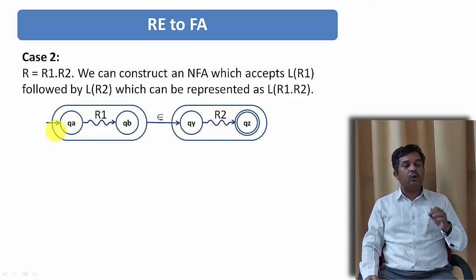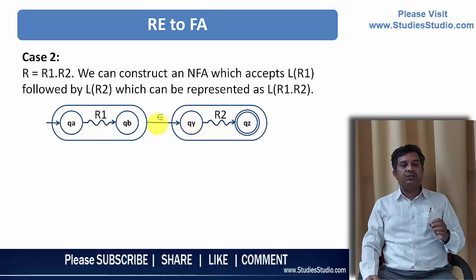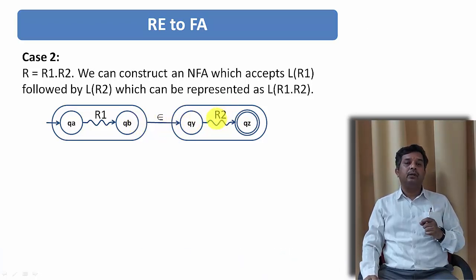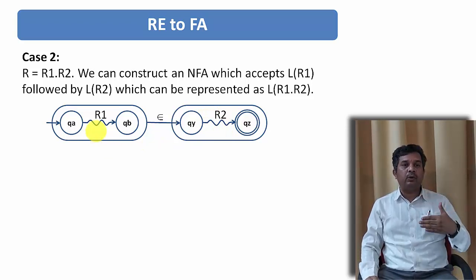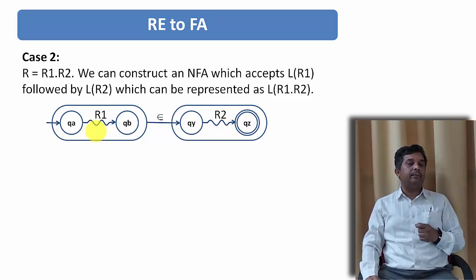The initial state of R1 becomes the initial state of the whole NFA and there will be a transition from the final state to the initial state of R2. And the final state of R2 becomes the final state of whole R1 dot R2. These are the things that we are going to apply when we'll be doing a real problem.